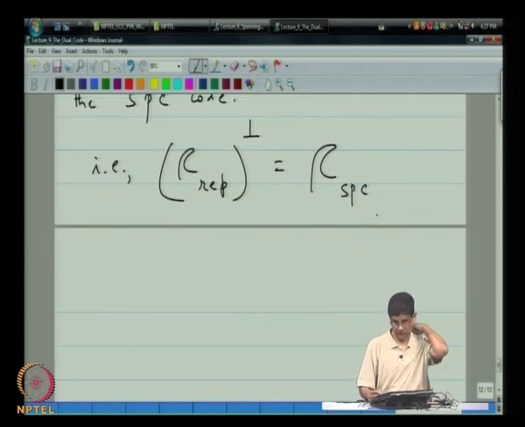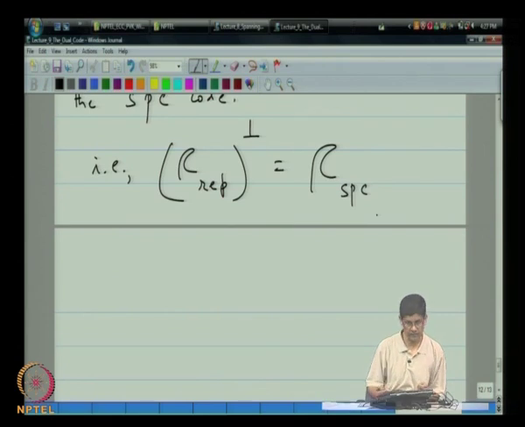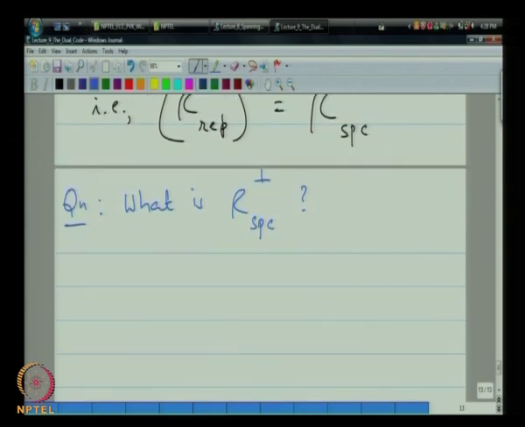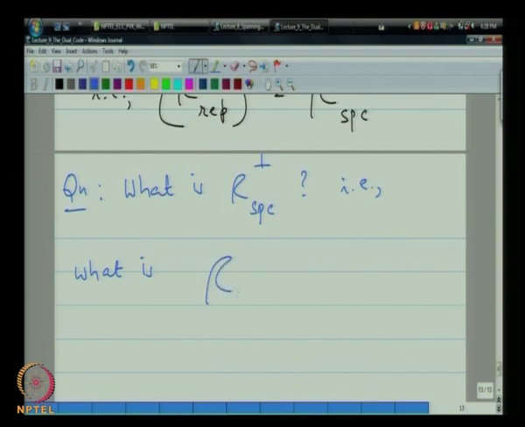So, an interesting question that you might ask is, what is the dual of the single parity check code? So, we will put that down as a question. What is the dual of the single parity check code? Or in other words, what is the dual of the dual of the repetition code?